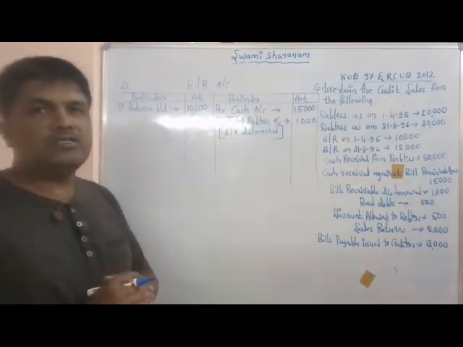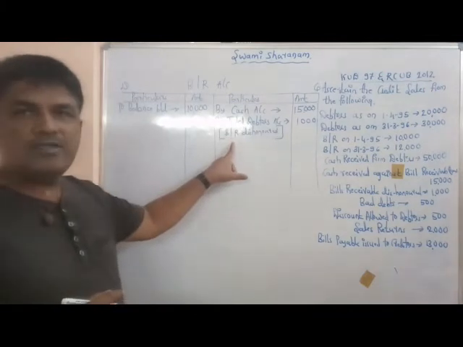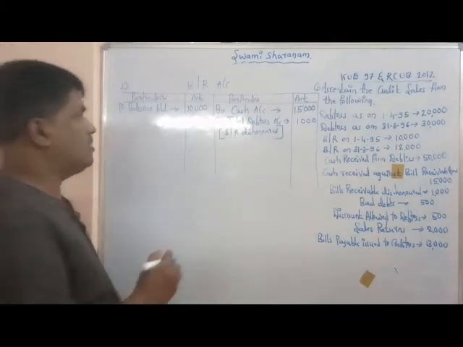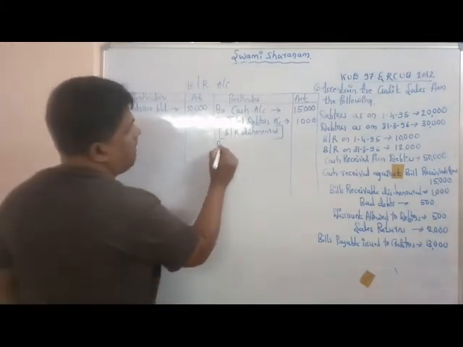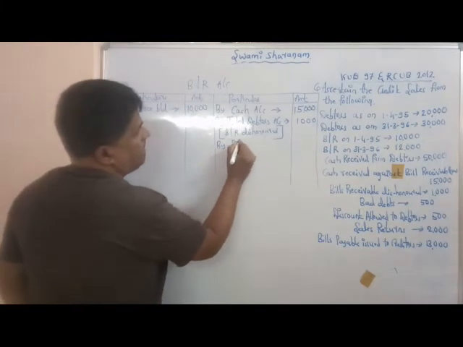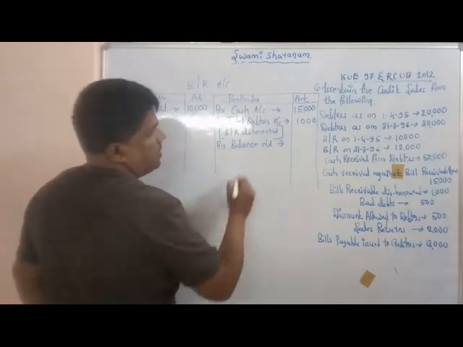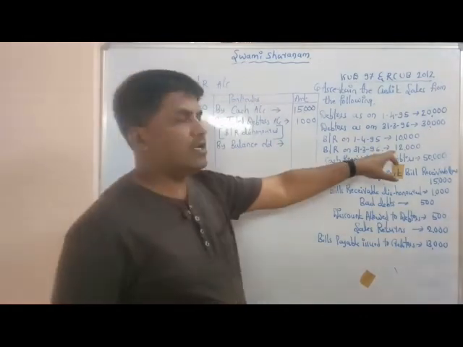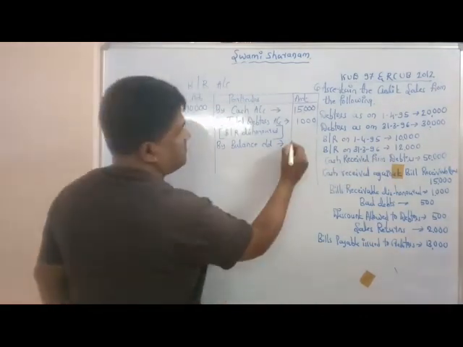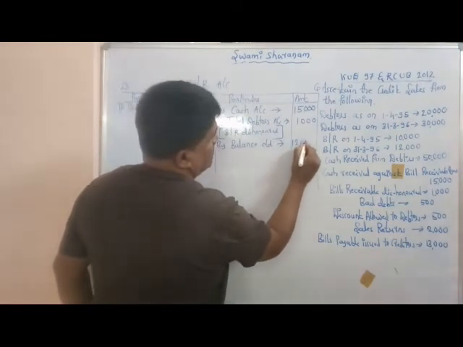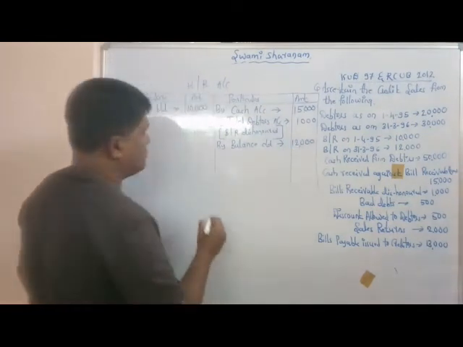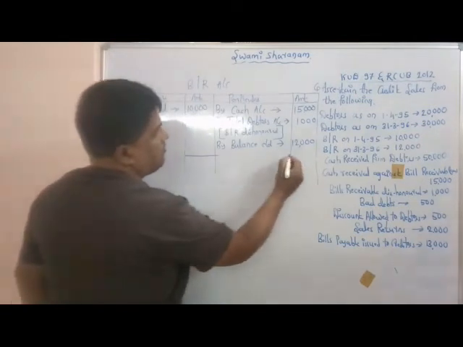Usually closing bills receivable appears in the credit side of the bills receivable account. You take from by balance carried down. How much is closing bills receivable? Rupees 12,000. So then we total this one.